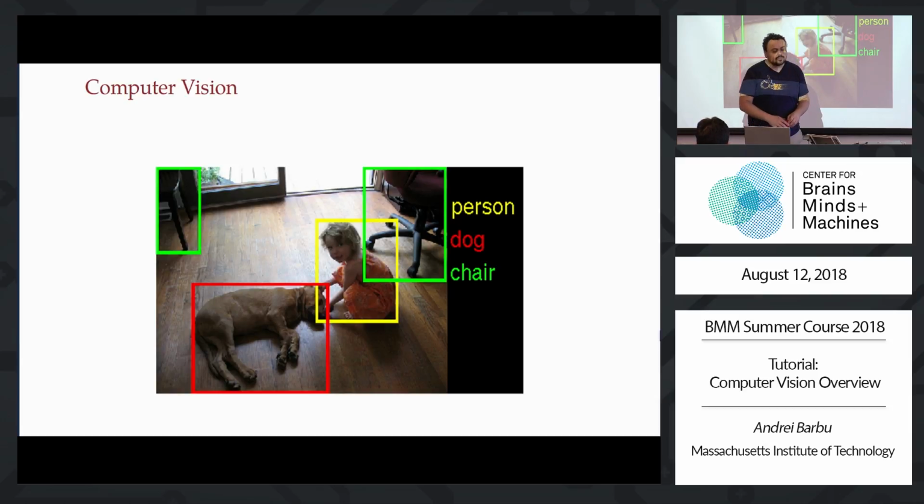We also measure object detection performance very differently than you might in, say, psychology or in human vision. We have people draw bounding boxes and we compare the bounding boxes from humans to the bounding boxes from machines. What's very fun about this bounding box task is there was a paper a few years ago that compared how good humans are at recognizing that the machine bounding boxes are bad.